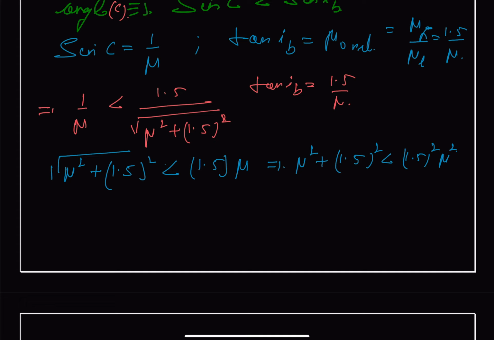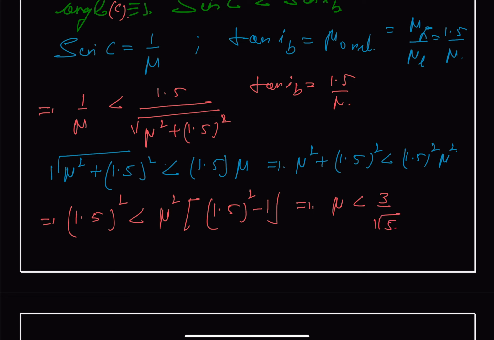So 1.5 whole square minus 1 gives mu square, and we can write that mu will be less than or equal to 3 by square root of 5.